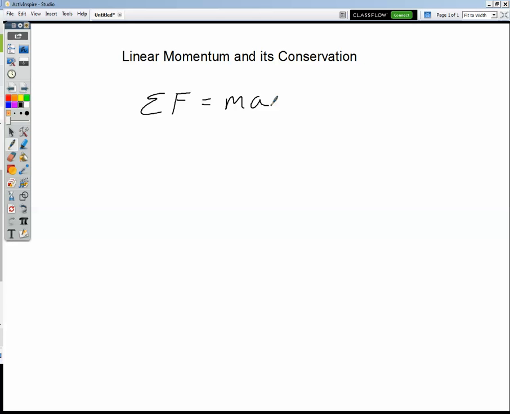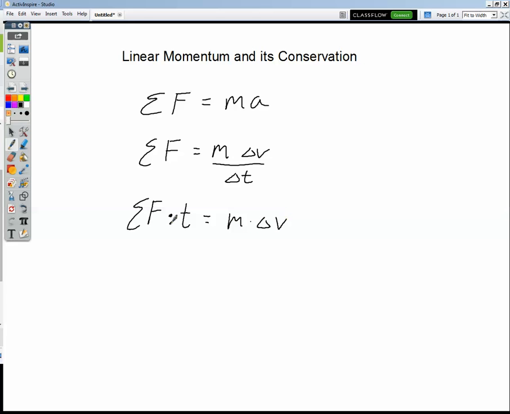Now we're going to take the acceleration and we're going to define it with our change in velocity over time. So if we change the acceleration to delta v over delta t, then we do a little bit of rearranging. Let's multiply both sides by delta t. So we have the sum of the forces acting on the system times delta t is equal to mass times delta v.